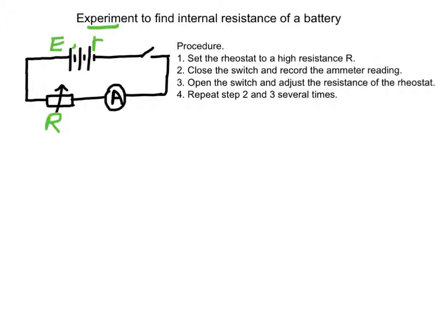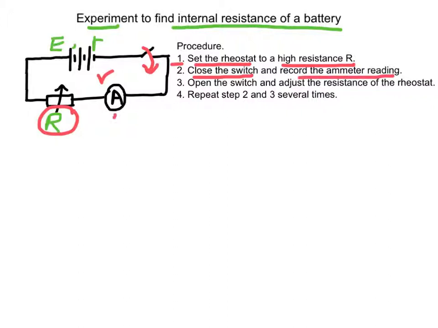Experiment to find the internal resistance of a battery. Connect the setup as shown in the diagram. The procedures are: first, set the rheostat to a high resistance R. Next, close the switch and record the ammeter reading.